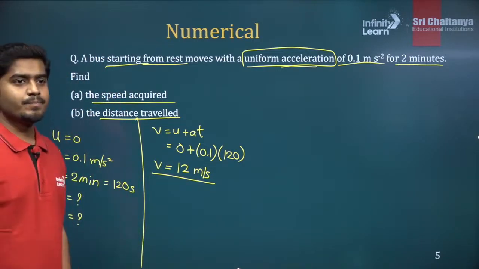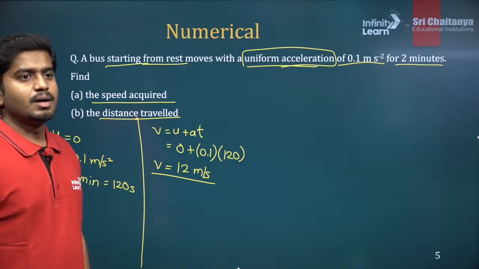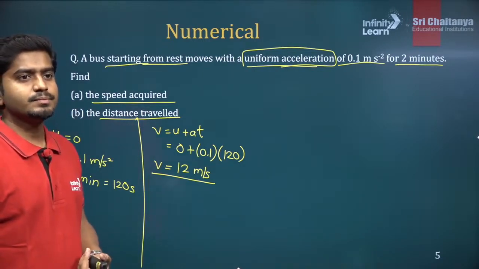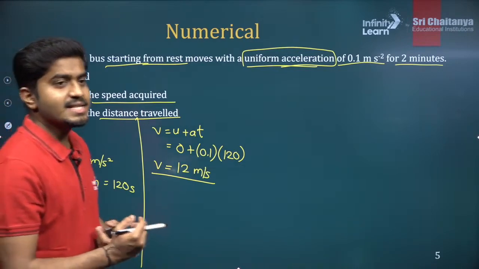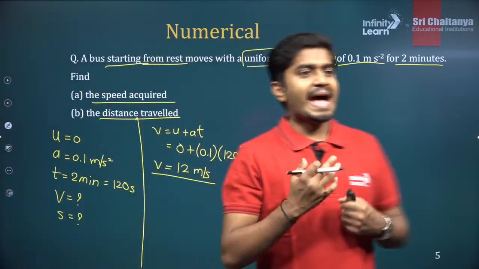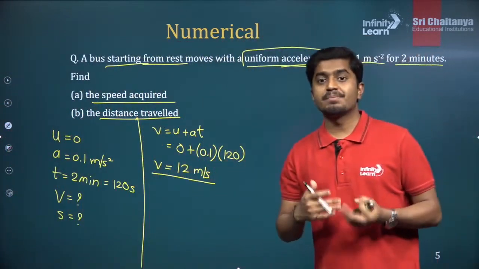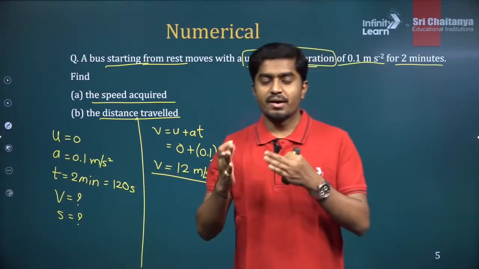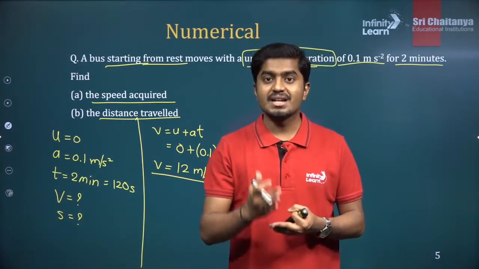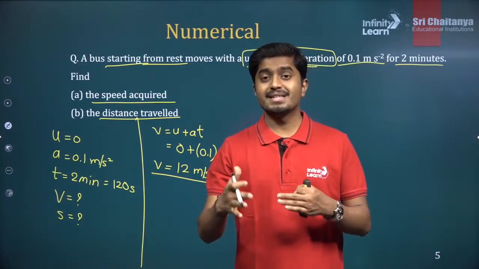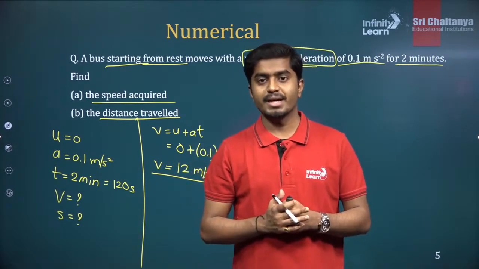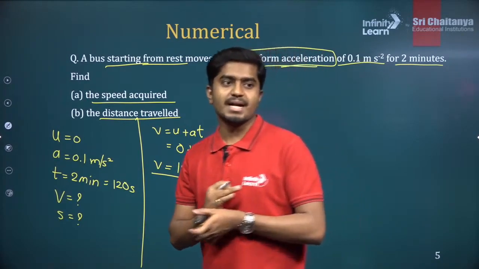What did it mean? What is your question? Acceleration is the minus sign. Okay. If the acceleration is negative, that means there is a retardation. Whenever you get acceleration as negative, it means it is opposing the motion. Okay. That is a retardation. Remember that.